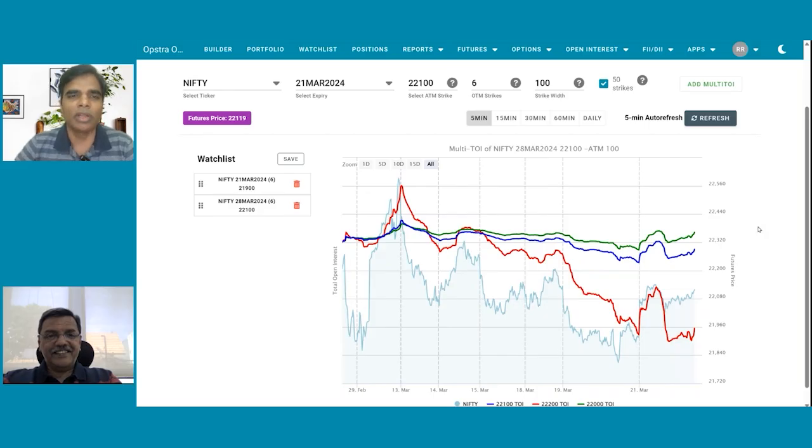What was the thinking behind developing multi-TOI when you already had TOI? What came to my mind was that in a trending market, let's say Nifty starts the day at 22,000 and is trending upwards, the TOI of 22,000 will be bullish, 22,100 will be bullish, and if Nifty goes to 22,200, then 22,150 and 22,200 will be bullish.